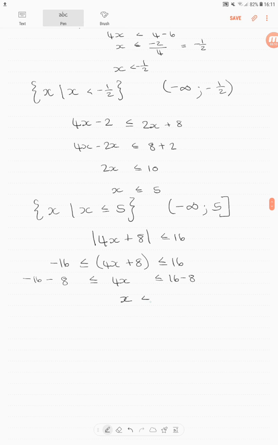That means x must be smaller or equal to 8 divided by 4, and it must be larger or equal to minus 24 over 4. That means x must be larger or equal to minus 6 and smaller or equal to 2. In set notation, x, given that x is larger or equal to minus 6 and smaller or equal to 2. In our bracket notation, this means minus 6 and 2.